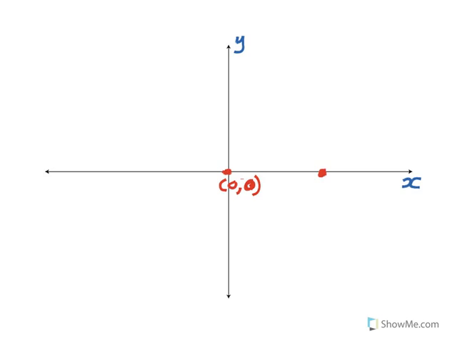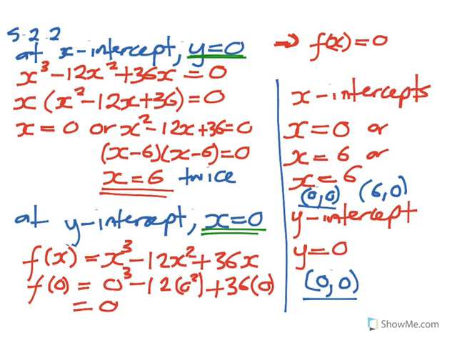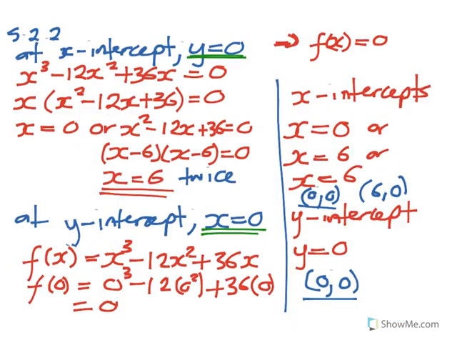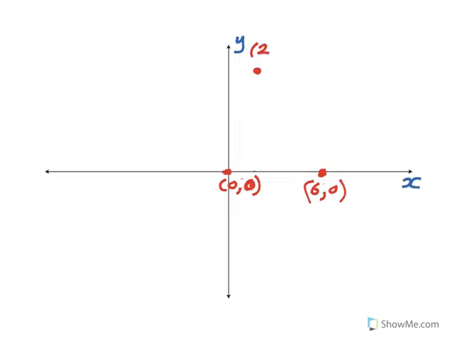I can make it 6. So this point will be 6, 0. I still remember there was a 6, but I need the turning point. There was a turning point at 6, 0, which is happening twice, and 2, 32. So if I go to 2 here, I make it a 2 and a 32.